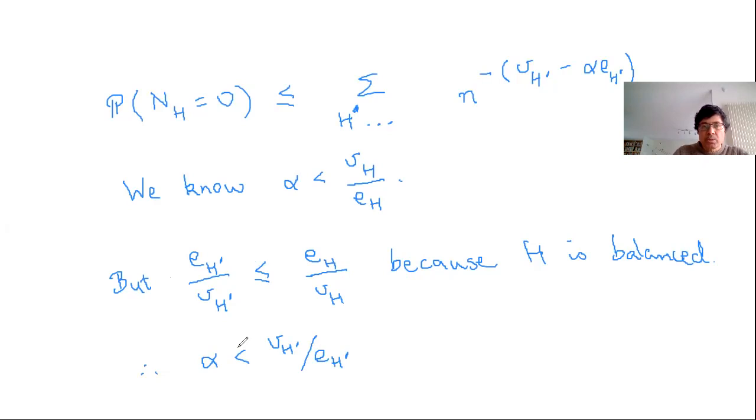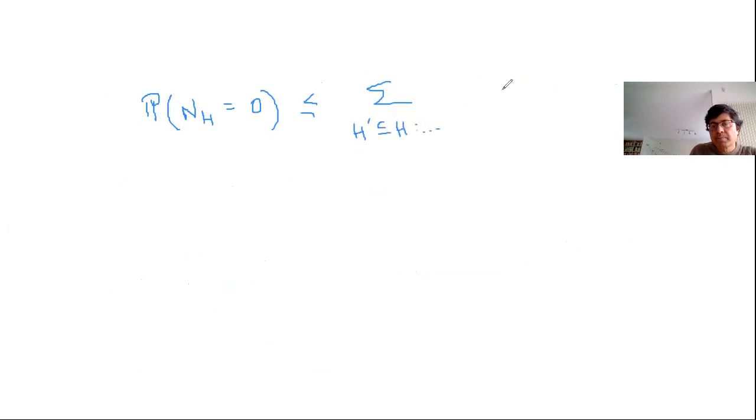So let's put that all together on the next page. The probability that the number of copies of H in the random graph G(n,p) is 0, that there are no copies, is bounded above by the sum over H prime subgraph of H with certain properties, of n^(-VH' - alpha EH').